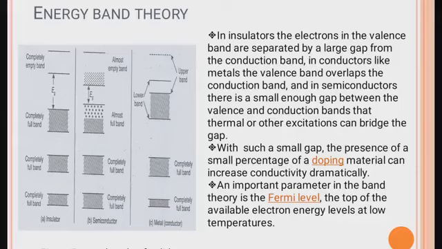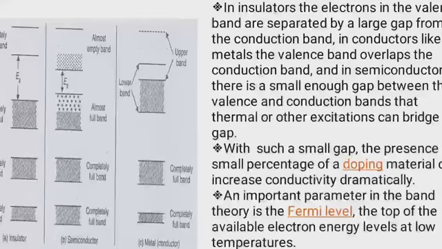And here I considered all of these lying at room temperature, 300 Kelvin. There are two kinds of bands I have shown over here. One is the valence band, which is completely filled, and another one is the conduction band.